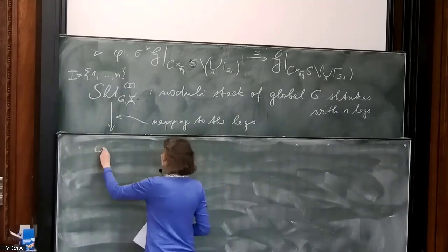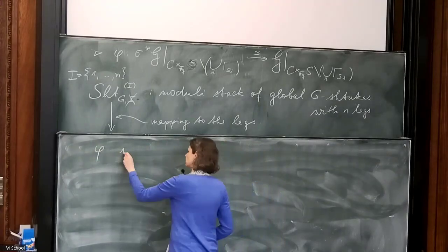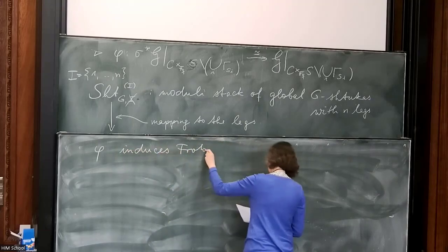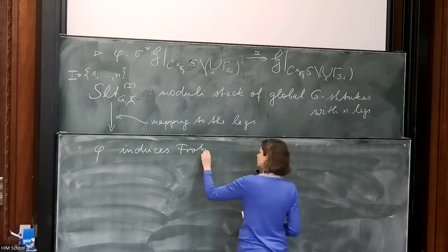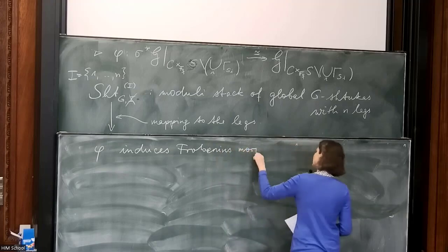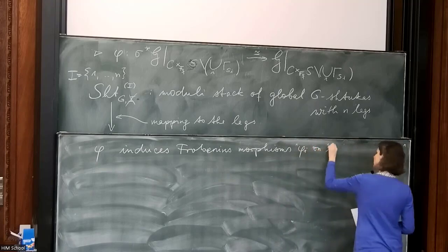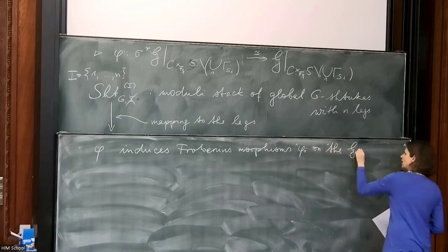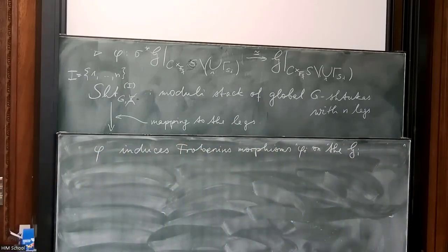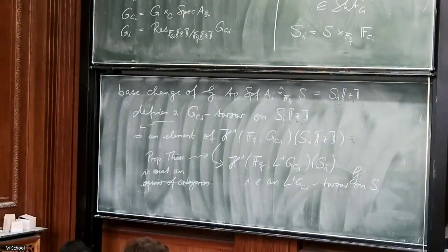Okay, and then I just say without any further ado that this phi induces Frobenius morphisms, say phi_i, on this element in there, that I call G_i maybe.